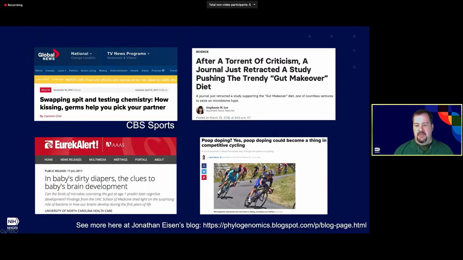But with all of this popularity and accessibility comes overhyping of the microbiome. What I have here are some examples, most of them taken from Jonathan Eisen's blog on overhyped microbiome. There's probably a little bit of science behind all of these headlines, but in general, these are overinterpretations of the microbiome, where some correlated thing that was discovered in the microbiome correlates with a phenotype like athletic performance, and they haven't proven causation.